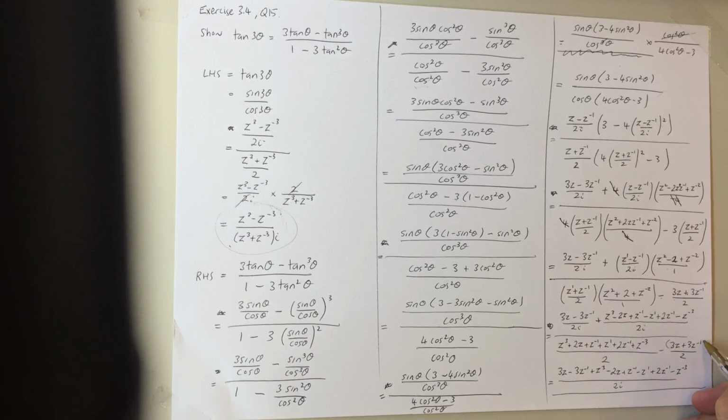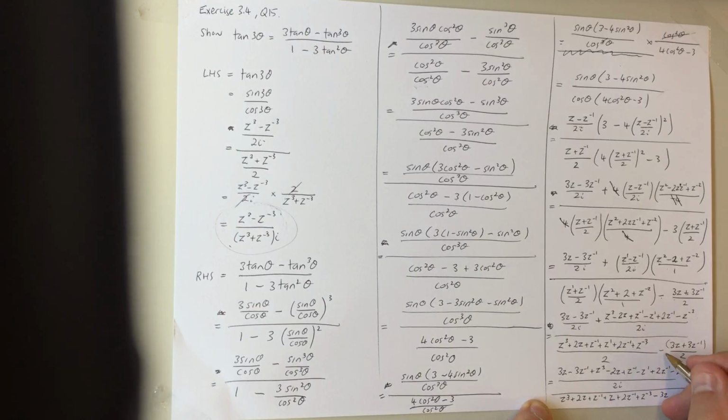So we need to be careful here, it's like a bracket there, we're subtracting that numerator, we're subtracting all of it. So z cubed plus 2z plus z to the power of negative 1, so we are subtracting the 3z and we're subtracting the 3z to the power of negative 1. Now all of that is just over 2.